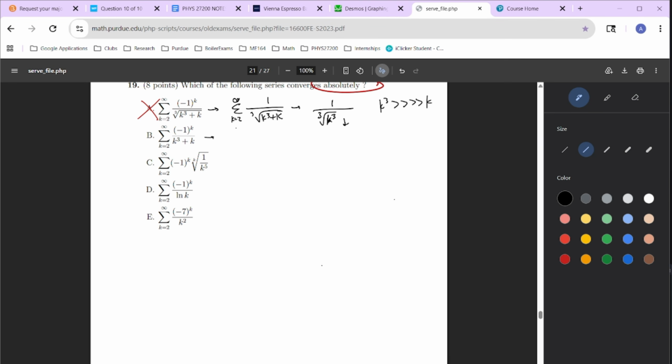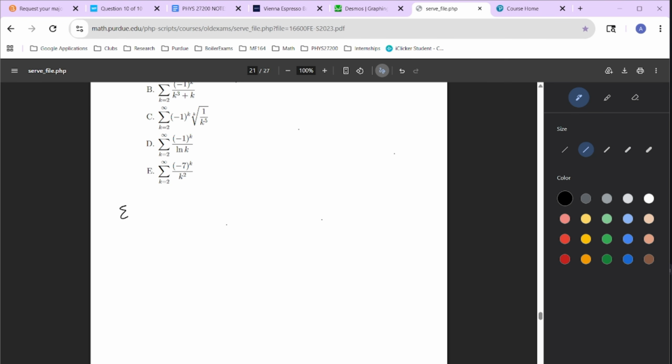This becomes, or actually, I think it's better to do it down here. This becomes 1 over k cubed plus k. So it's a similar scenario of a p-series. We no longer have the square root sitting out in front. We'll try the same thing again.